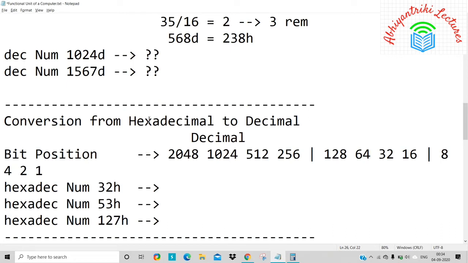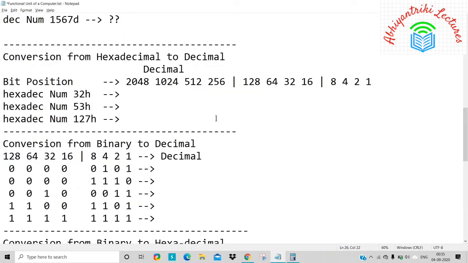Now, how to convert from hexadecimal to decimal. How do you convert a hexadecimal number to a decimal number? You already know hexadecimal, for example 32H here. First you convert it to binary. You know how to convert it to binary, right?